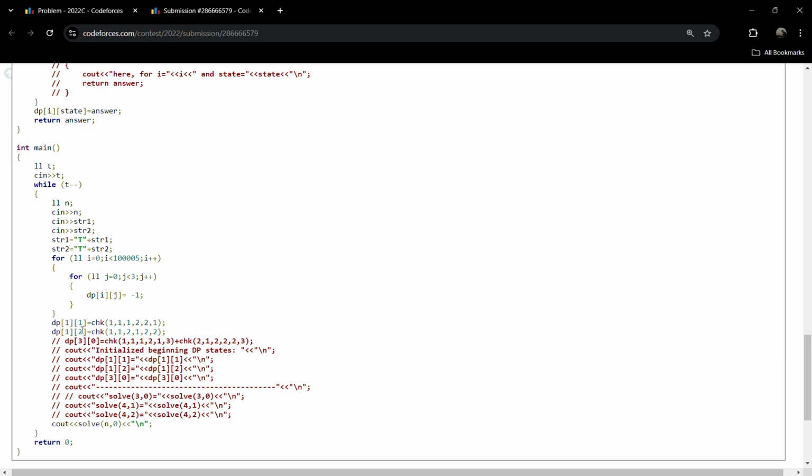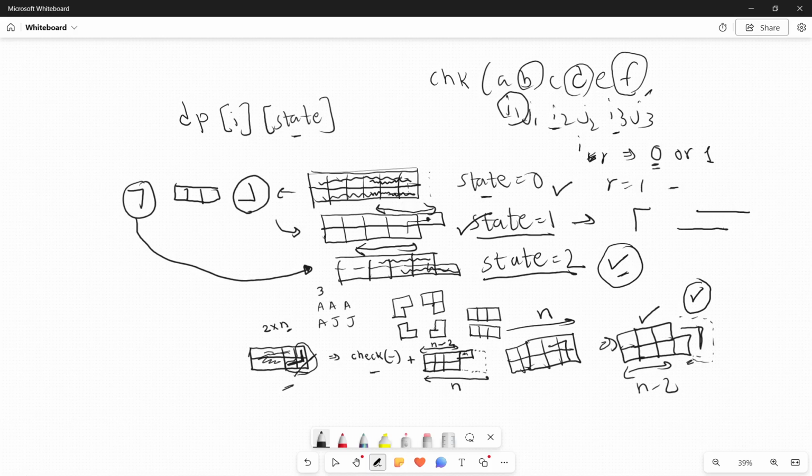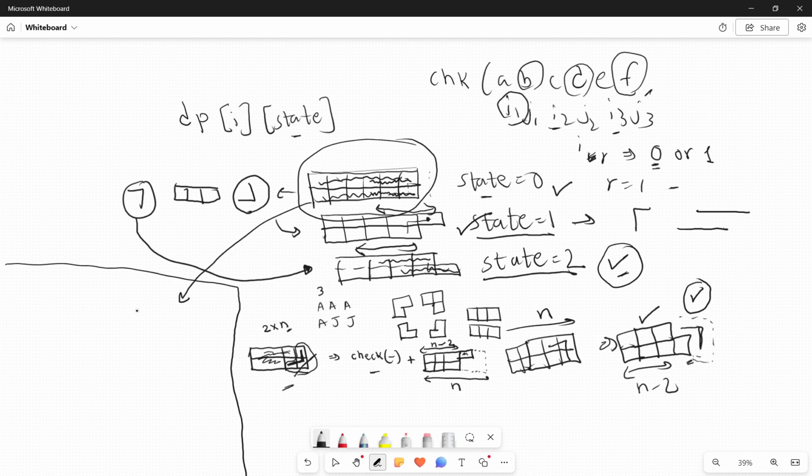And for the base case of dp, see here, all these blocks will somehow get reduced to either this block, meaning only one full column and one half column, or either this block, right?